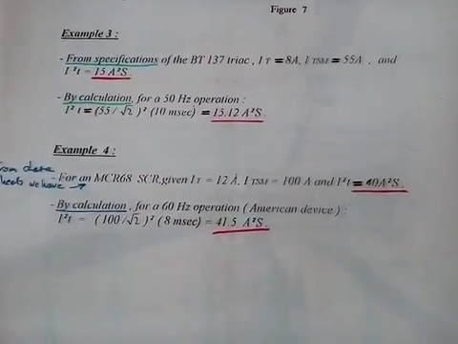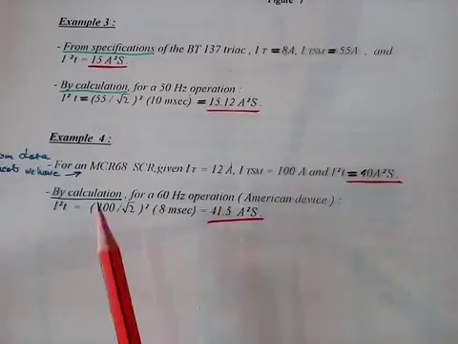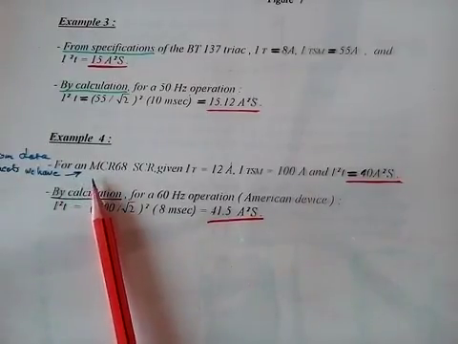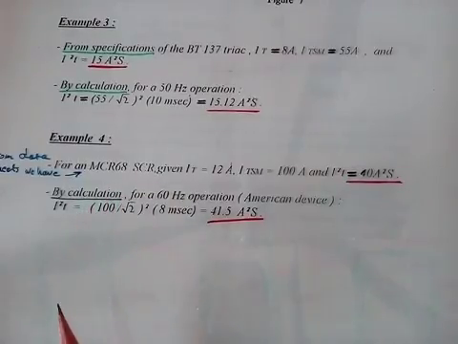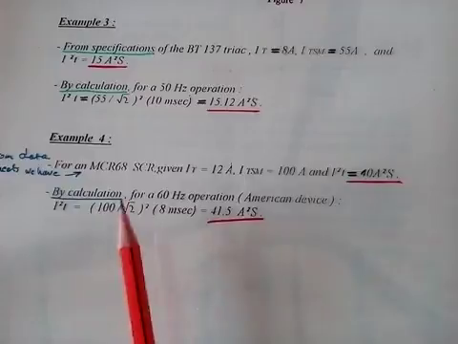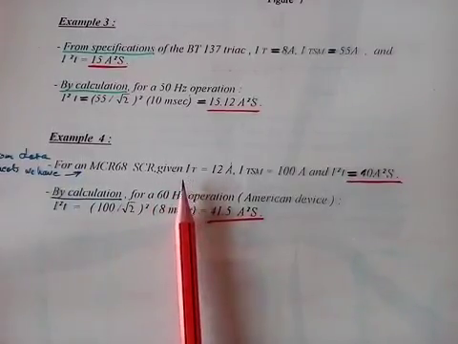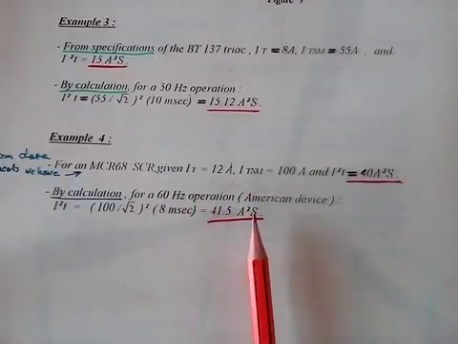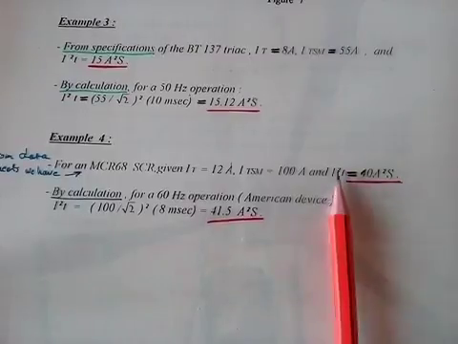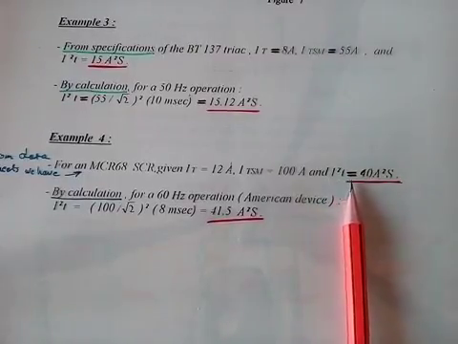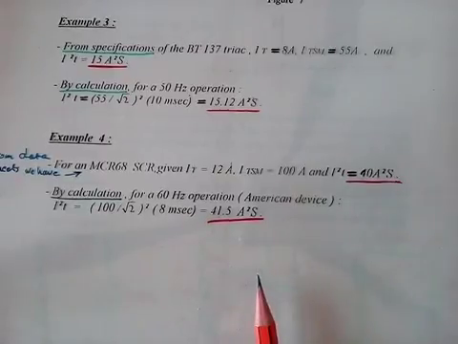Okay, another example here too. Example 4. For an MCR68, that's an SCR, I believe manufactured by Motorola. Given IT, the continuous current, is 12 amps, surge current 100 amps, and an I2t for that device of 40 amps squared second.